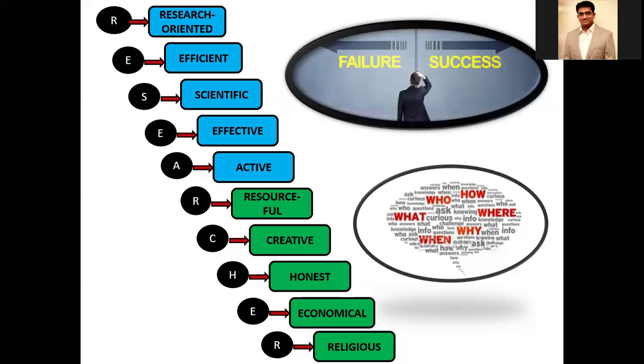The researcher should always have intellectual curiosity, so we should question ourselves: what, when, why, who, where. Ultimately, the outcome of the study, whether success or failure, lies in the hands of the researcher. So always, we need to be prudent, honest, and ethical.